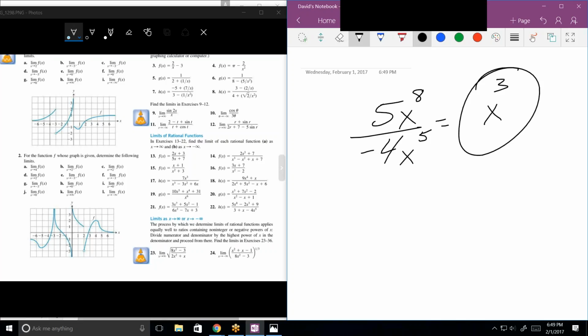In other words, as x goes to infinity, the whole thing goes to infinity, and as x goes to negative infinity, the whole thing goes to what? Infinity? No. Negative infinity. Negative infinity cubed. Any negative number cubed stays negative. In fact, any negative number to an odd power stays negative.